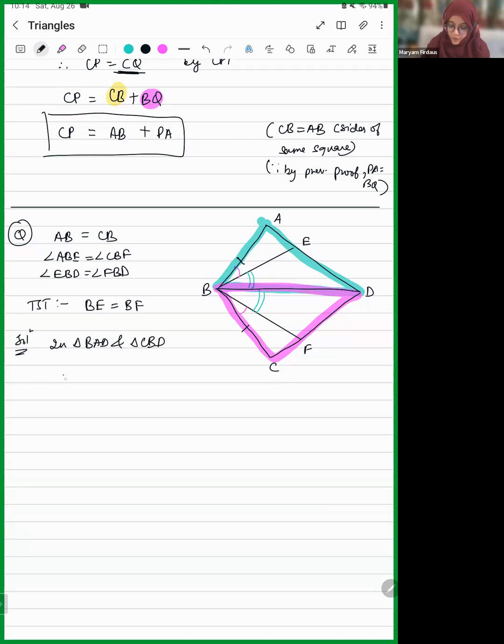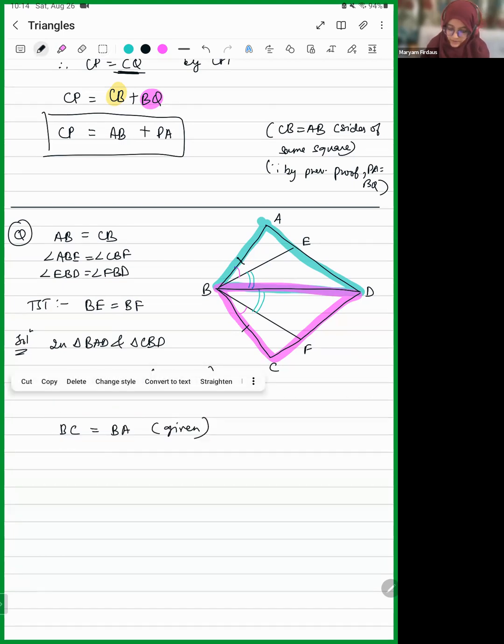First of all, BD is equal to BD, common. BC side is equal to BA, given. And angle ABD and CBD is equal. So just a minute.